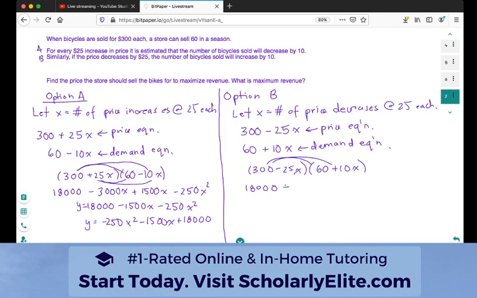So plus 3000x, that's going to be minus 1500x, and minus 250x squared.